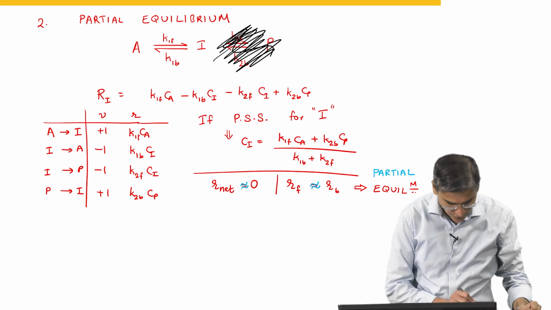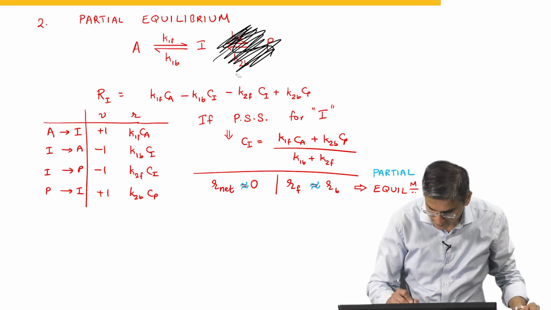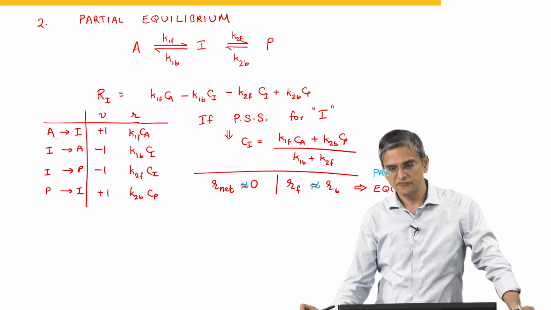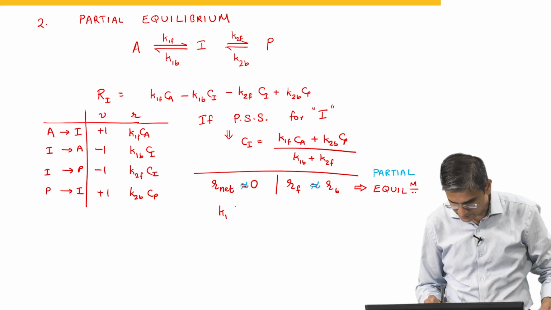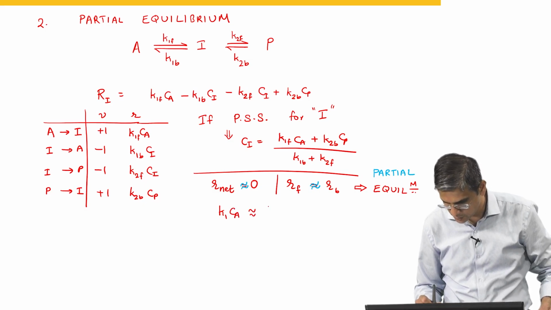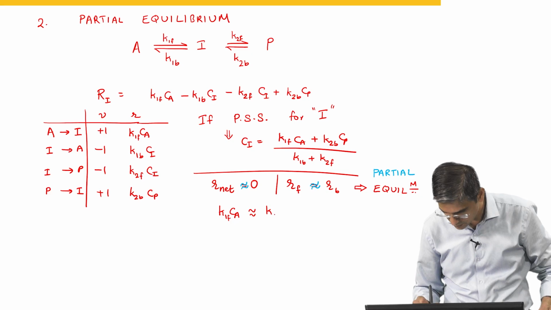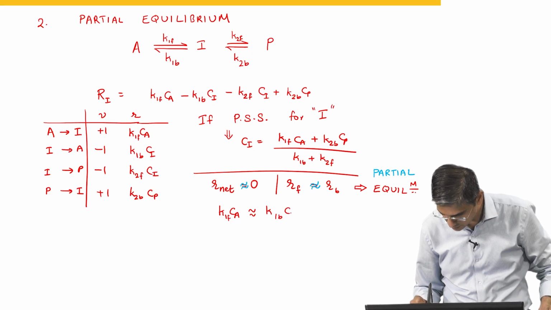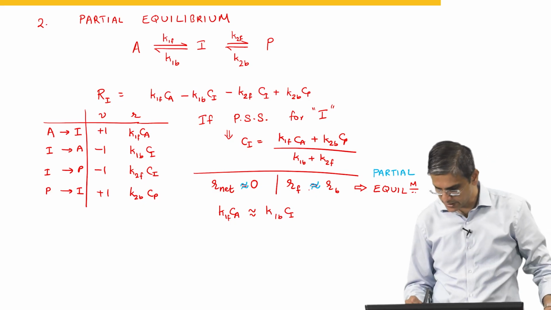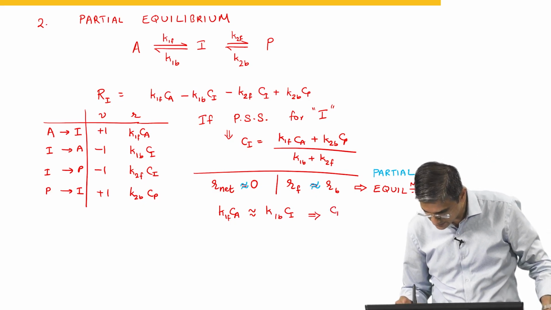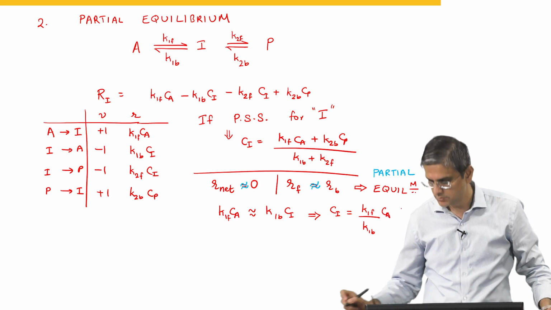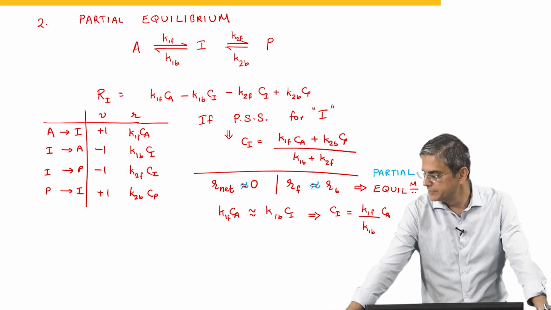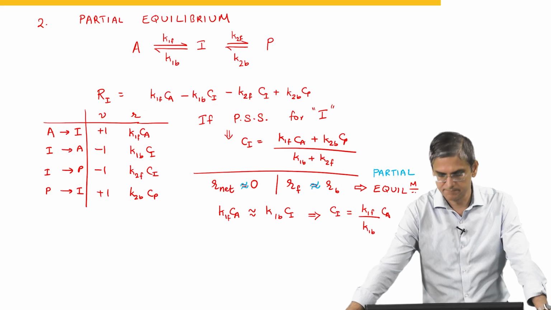So, what does this mean? If the first reaction is under partial equilibrium, then that would mean K1 Ca is approximately equal to K1B Ci. This will imply Ci is equal to K1 Ca over K1B. That is what partial equilibrium means.